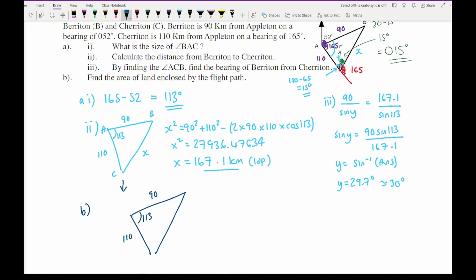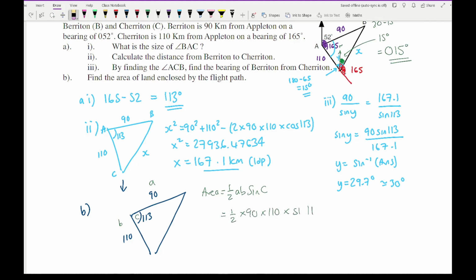So then what I'm going to do is to work out the area of the triangle. Well, the area is equal to a half ab sine C. So if I call the angle capital C, these two sides are going to be a and b. So the area is going to be a half times 90 times 110 times sine of 113.